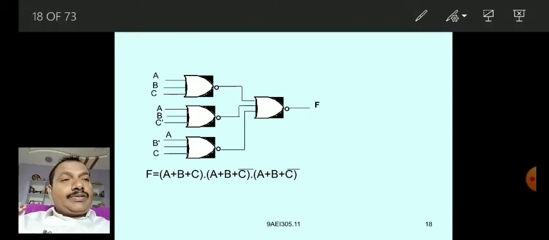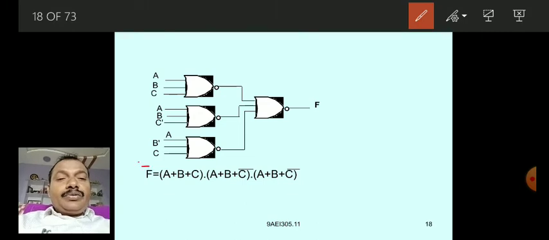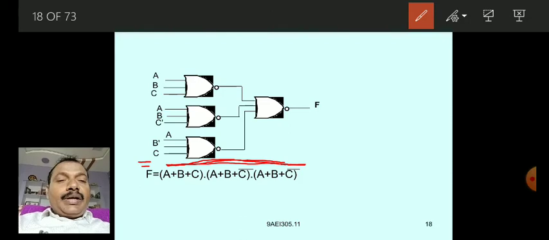This is the F1. You just double complement it. Then what do you get? After double complement, what do you get?